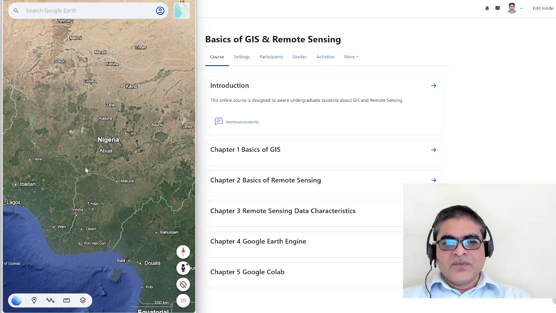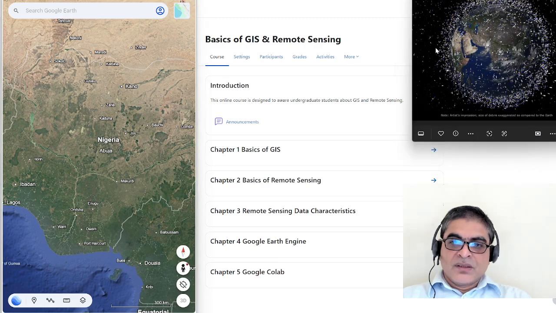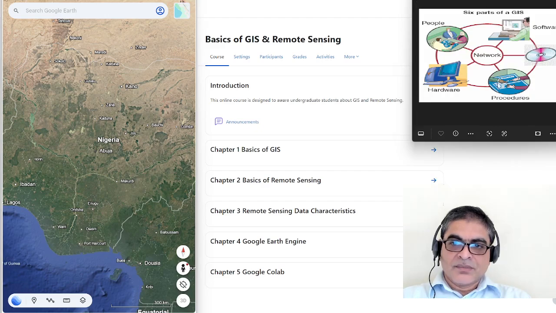So why are we calling it GIS? What is GIS? GIS is a system of information of the surface of the earth. So it's a system, okay? And in this system, there is hardware, there is computer analysis, the software, and the data, okay?